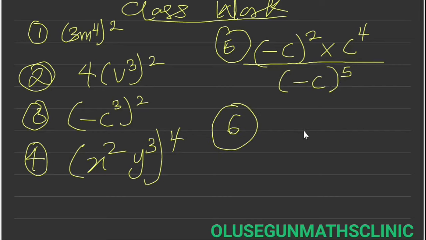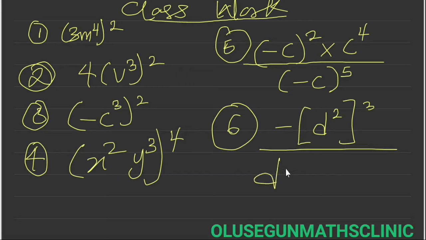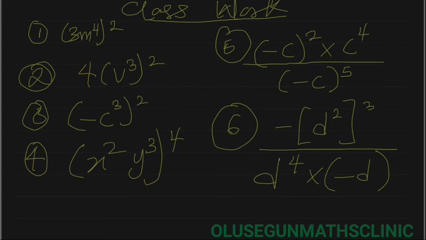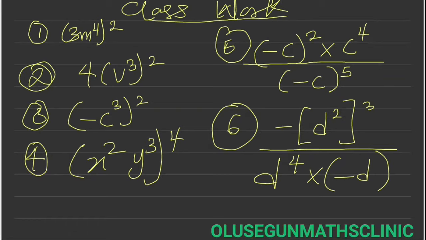Let's have also this, minus open a bracket d squared close the bracket raised to power 3 onto d raised to power 4 times minus d. So please, I want you to help me to solve this as the classwork. Try to do it. Take your time to do the classwork.